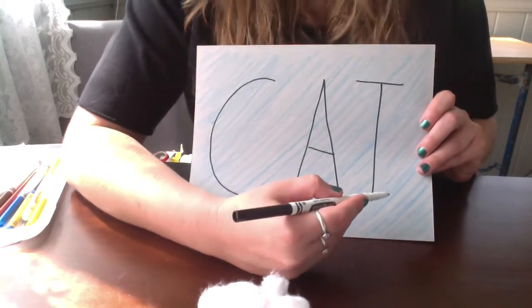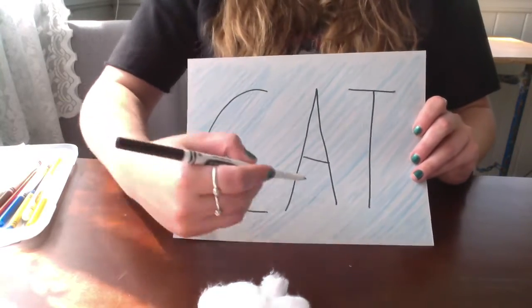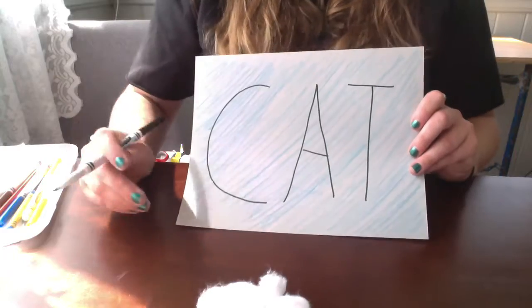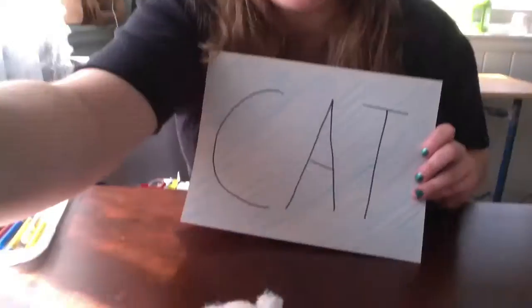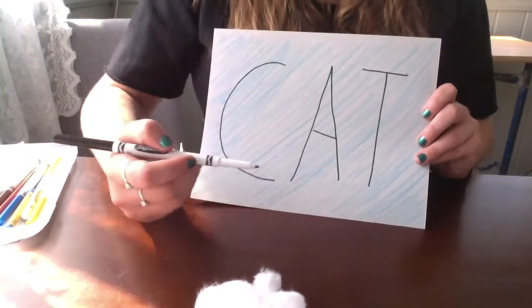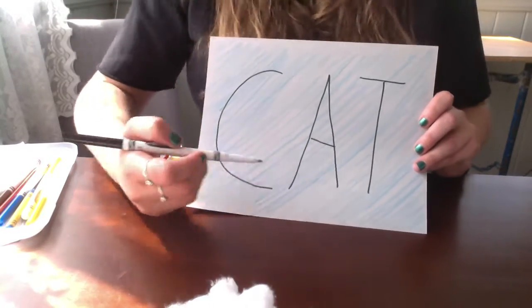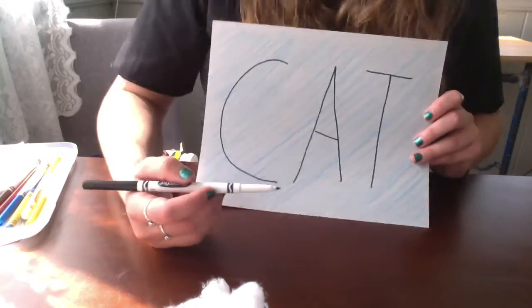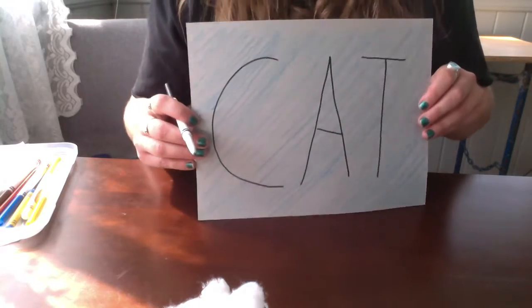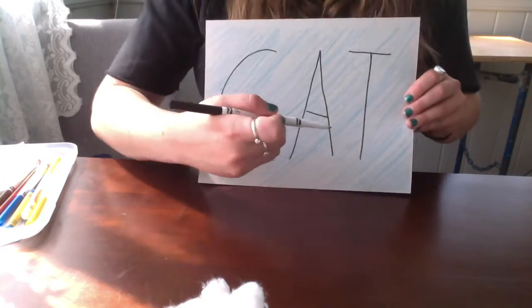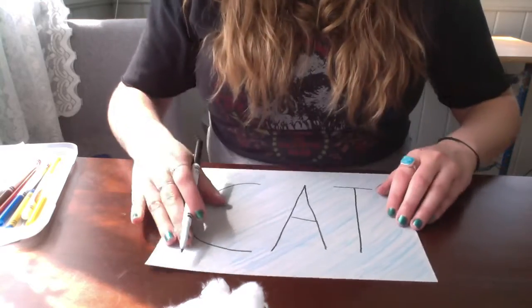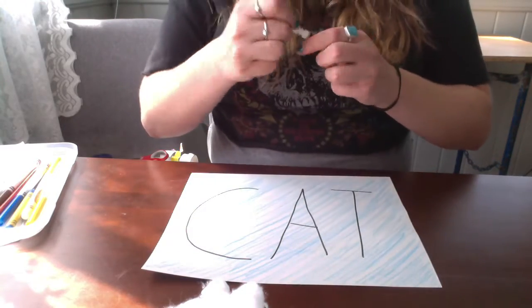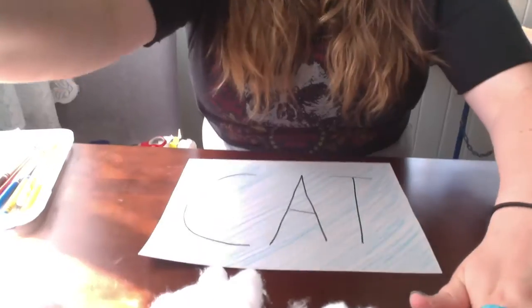The T says T. K, A, T. Let's say that faster. Cat, cat, cat. I wrote the word cat. C-A-T. Now I'm going to turn this word into a cloud word.